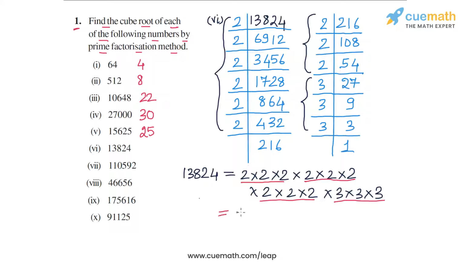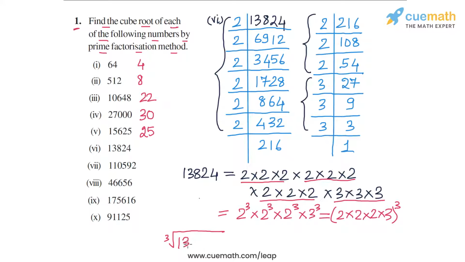So we can write this as 2 cube into 2 cube into 2 cube into 3 cube, right? And this we can write as 2 into 2 into 2 into 3 whole cube. So this is how we can write the number 13,824. And from here it's easy to write the cube root.